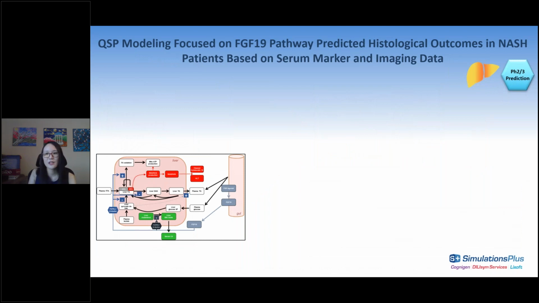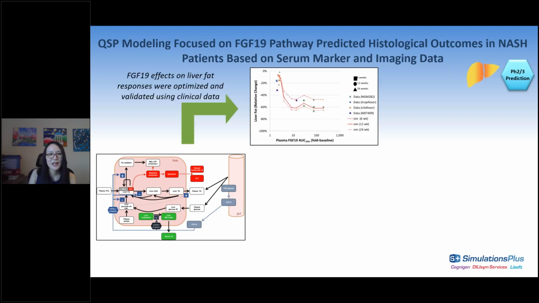Similarly, this is an example of efficacy prediction in NASH patients, but via a different pathway. In this case, the FGF19 pathway and its subsequent effects on liver lipid disposition are represented within DILIsym. And in this project, we were able to leverage existing clinical data for other drugs that share the same pathway to calibrate and also validate FGF19 effects on liver fat reduction.